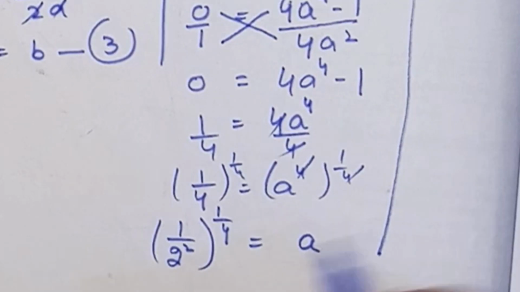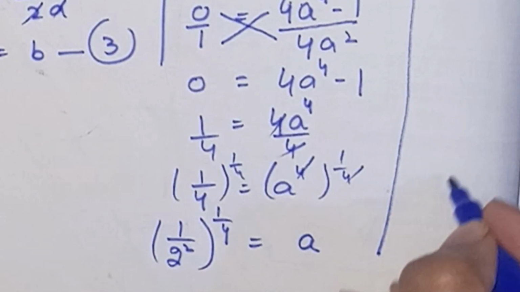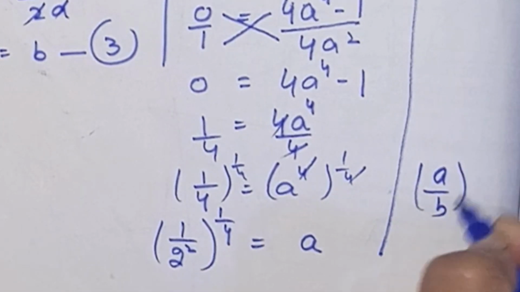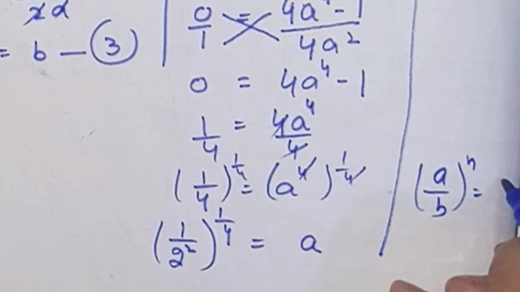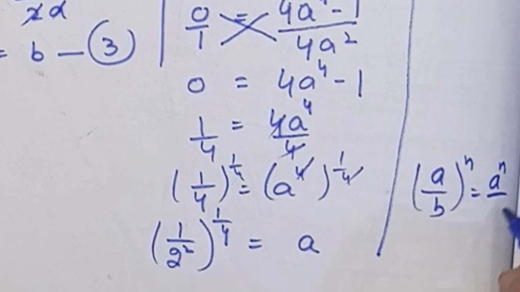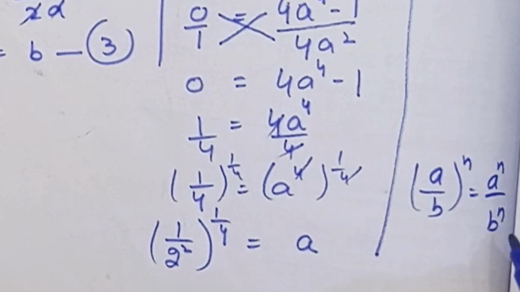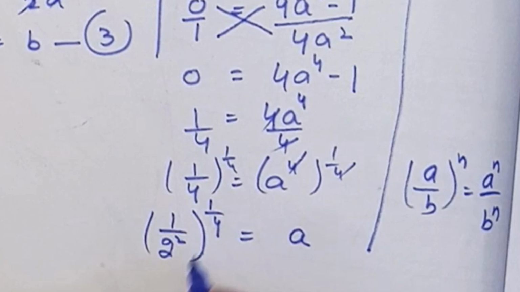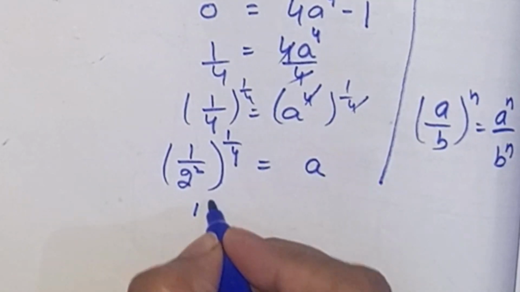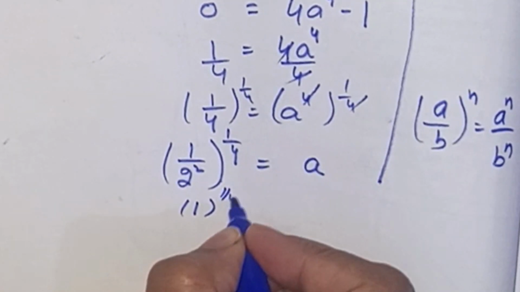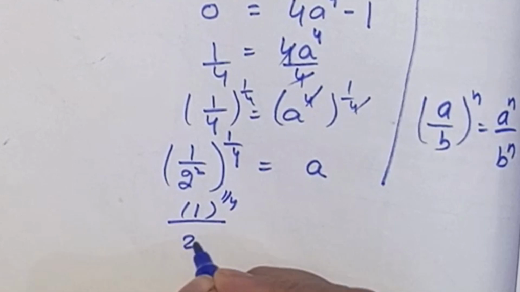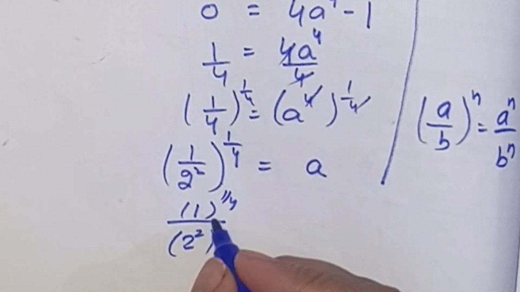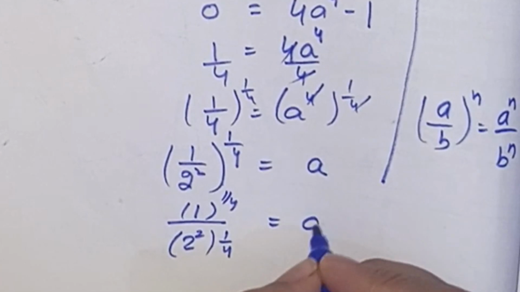In the next step we use this identity, which is (a over b) whole raised to the power n is equal to a raised to the power n over b raised to the power n. So we apply this property on the left hand side, then this will become 1 raised to the power 1 over 4 over 2 raised to the power 2, and again the power is 1 over 4, and this is equal to a.